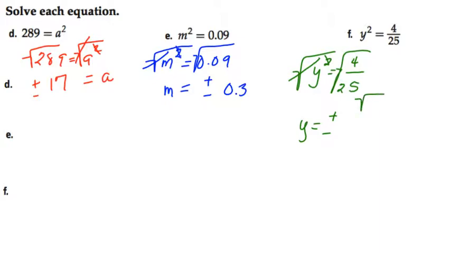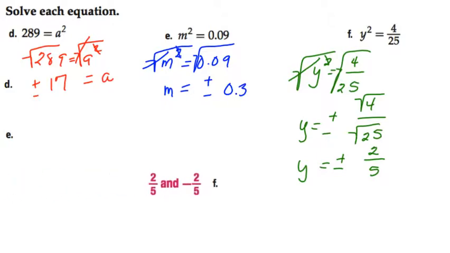Now I'm going to divide these up. Square root of 4, and in the denominator I have the square root of 25. So we get y is equal to plus and minus 2 over 5. And let's go ahead and take a look at our answer. And there we have it, 2/5 and negative 2/5. So we did okay on those.